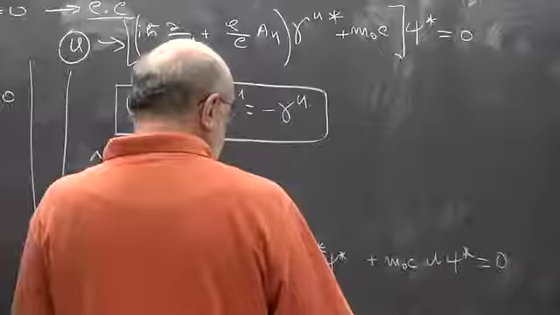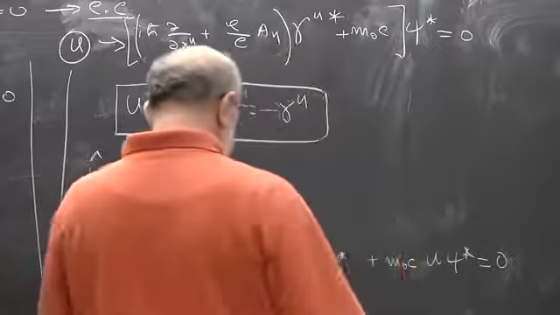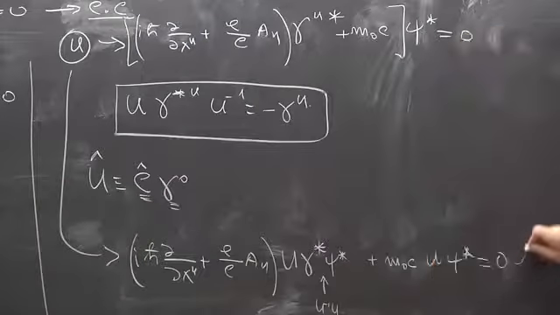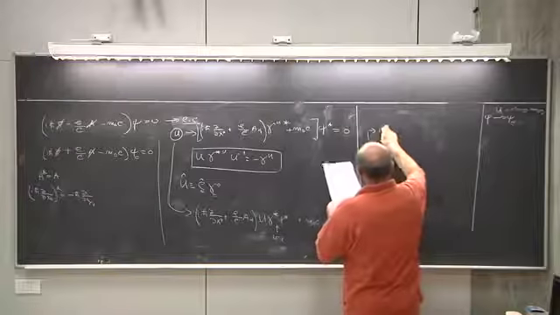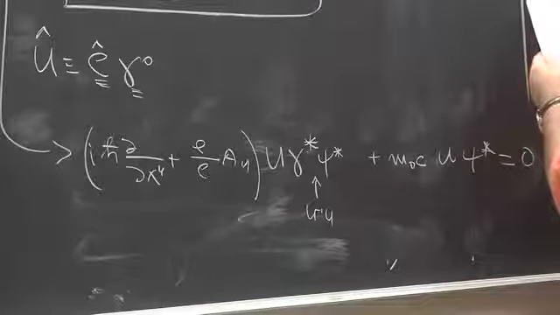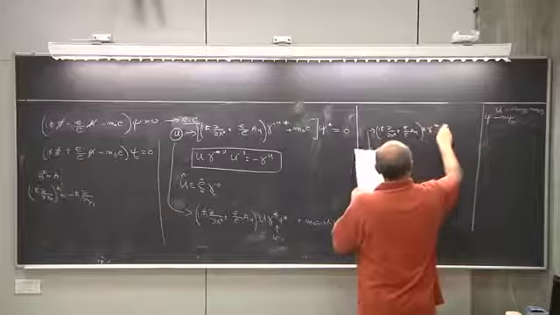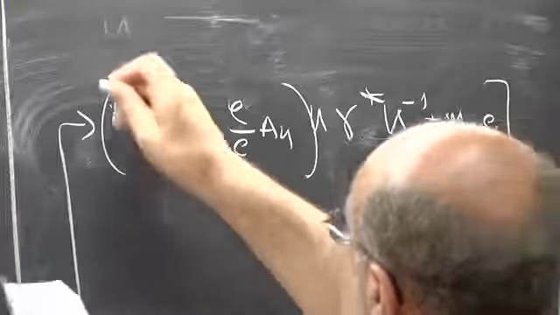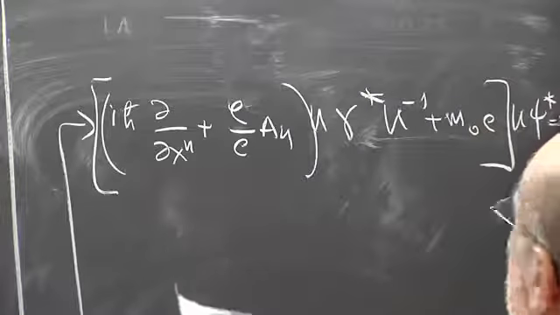But now what I can do is the following. I can insert here U to the minus 1 U, and then the equation becomes: (iħ∂_μ + (e/c)A_μ) U γ^μ star U^-1 + M0c, all on U ψ star equals 0.